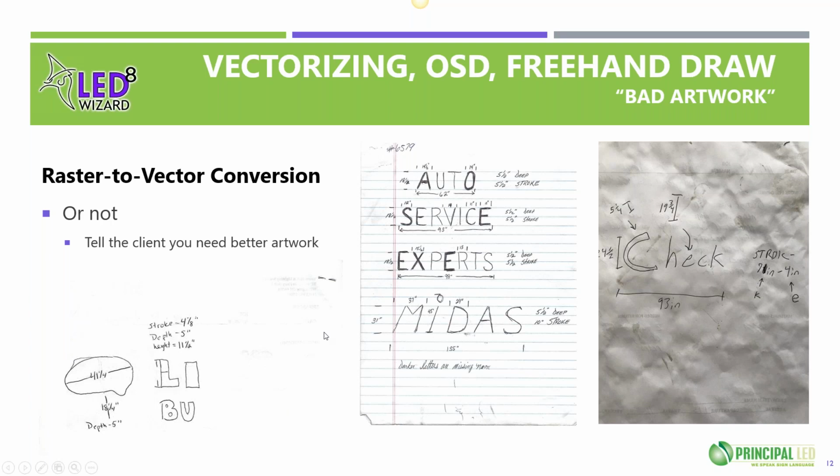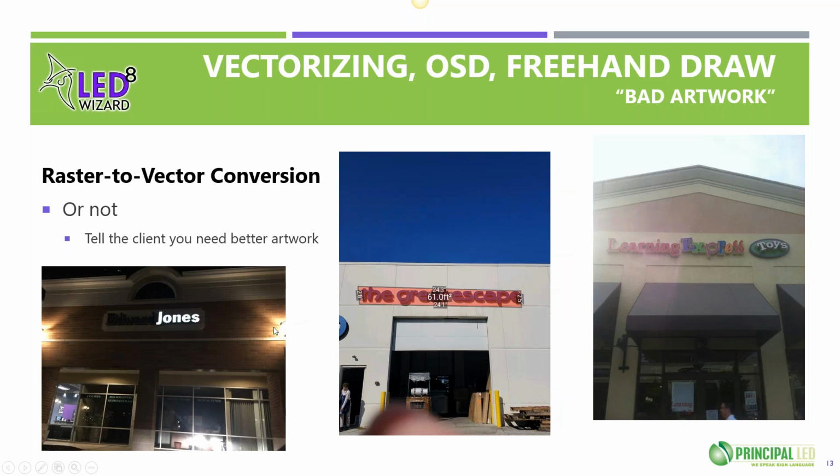I need, in this case, give me a photograph or something. The point of LED Wizard is to create an accurate estimate and to make a layout. But if you're just sort of making it up, then it's hard to provide a layout back and say, yeah, this is accurate. So feel free to go back to the client.